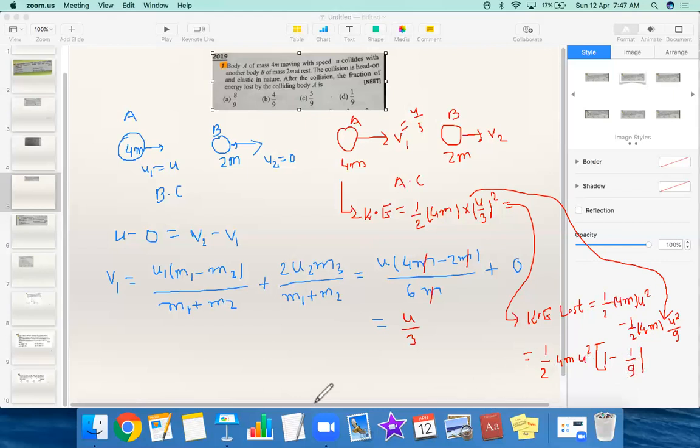So in this question, we have been asked the fraction. So what is the fraction? The fraction is equal to what?